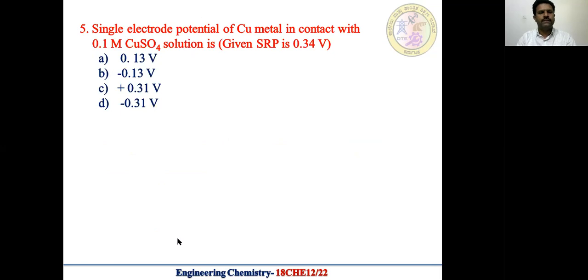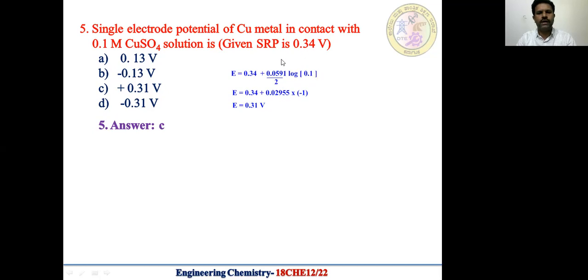Question number 5. Single electrode potential of copper metal in contact with 0.1 molar copper sulfate solution. The given standard reduction potential of copper is 0.34 volt. So we know that to calculate single electrode potential, we can use the Nernst equation under standard condition, E is equal to E naught plus 0.0591 divided by n log of concentration of Mn plus.